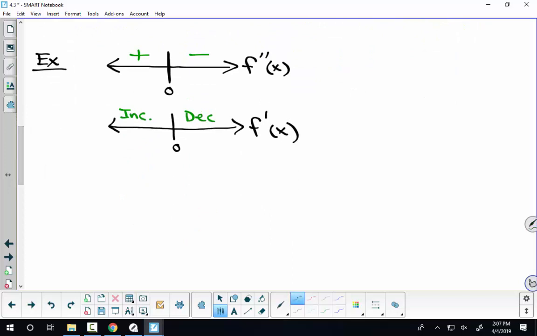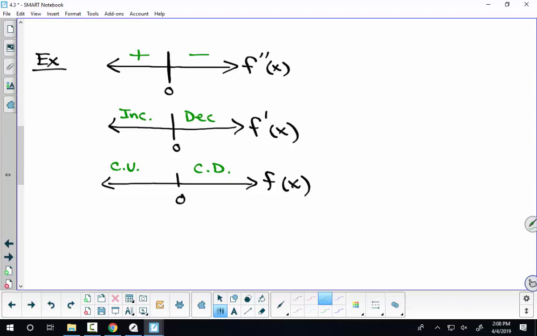And another step further, by definition, where the first derivative is increasing, the original function is, I'm just going to abbreviate that, concave up. And where the first derivative is decreasing, the function is concave down.